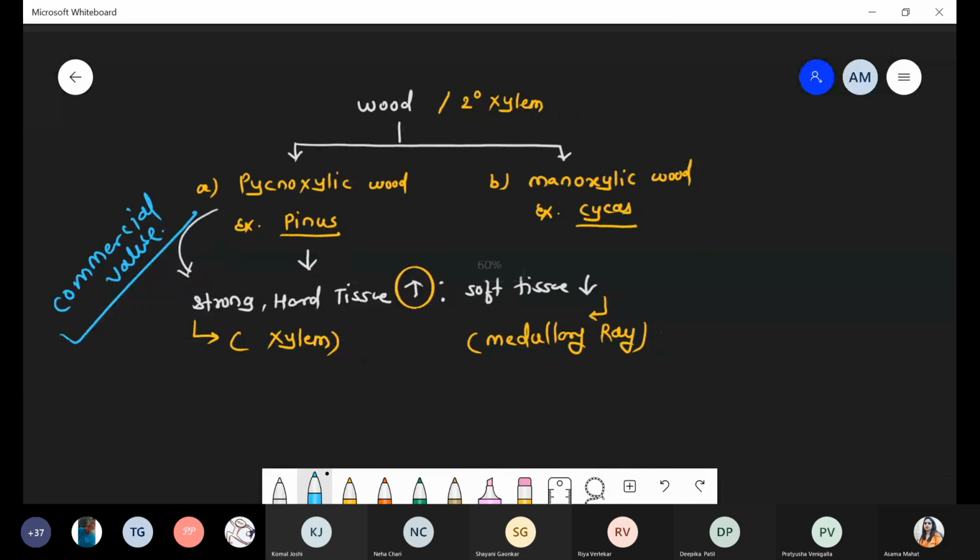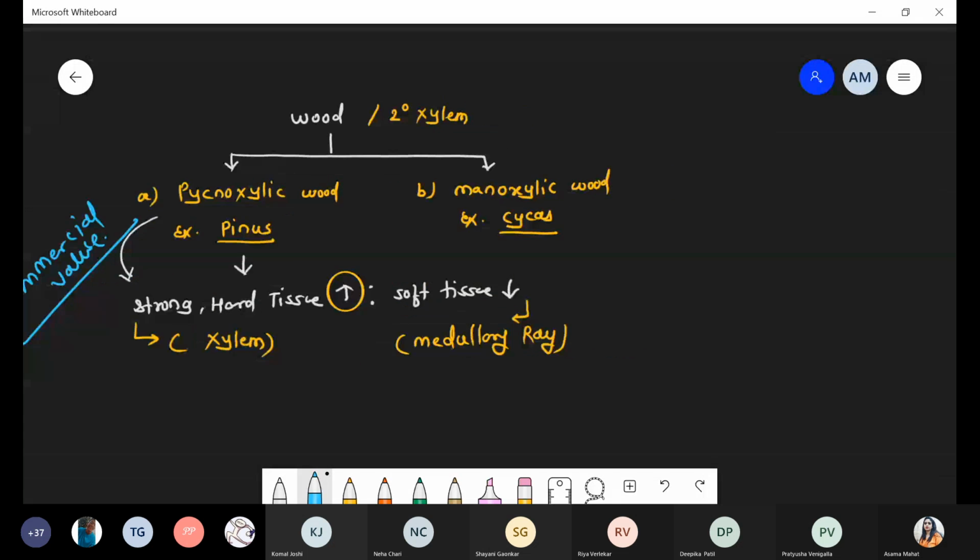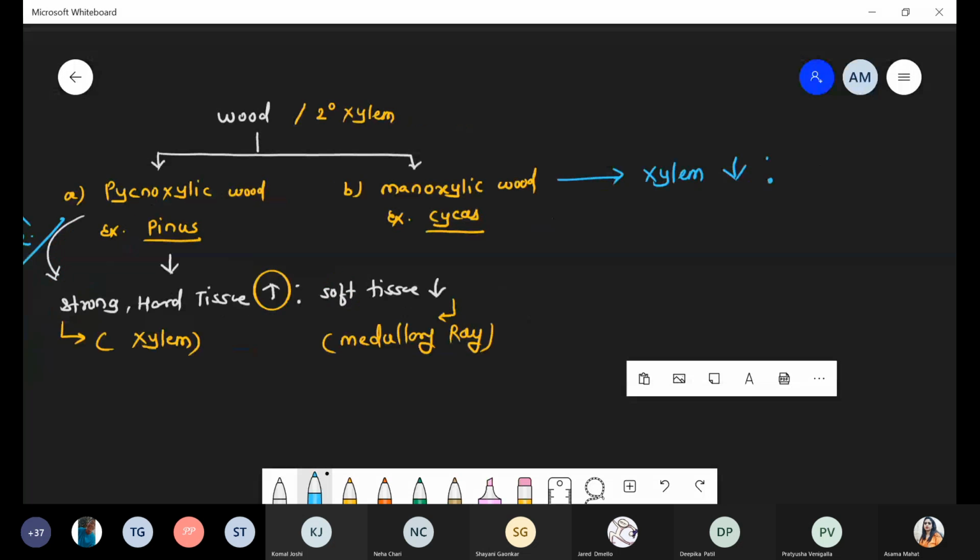Exactly, when we are talking about the manocyclic wood, which is present in Cycas, it is the reverse scenario. The hard and strong tissue, that is xylem, is present in low amount, and the other one, the soft tissue, that is medullary rays, is present in high amount.